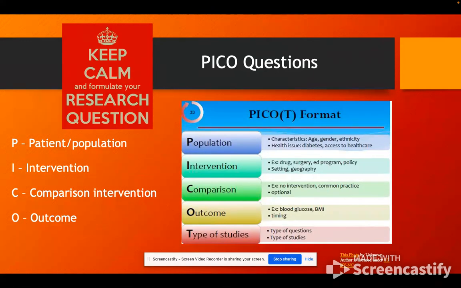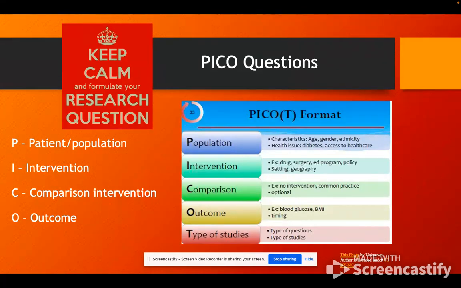It's the intervention that we're looking at changing, or looking at the research behind that intervention. C is your comparison. What are we comparing it to? Are we comparing it to not doing this procedure, or are we comparing it to what the common practice is? We're looking at some sort of comparison. And then O is outcome.